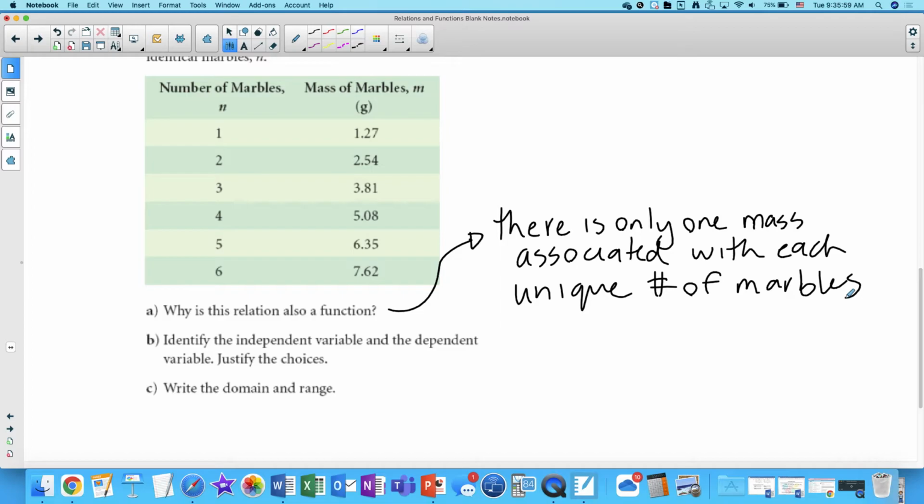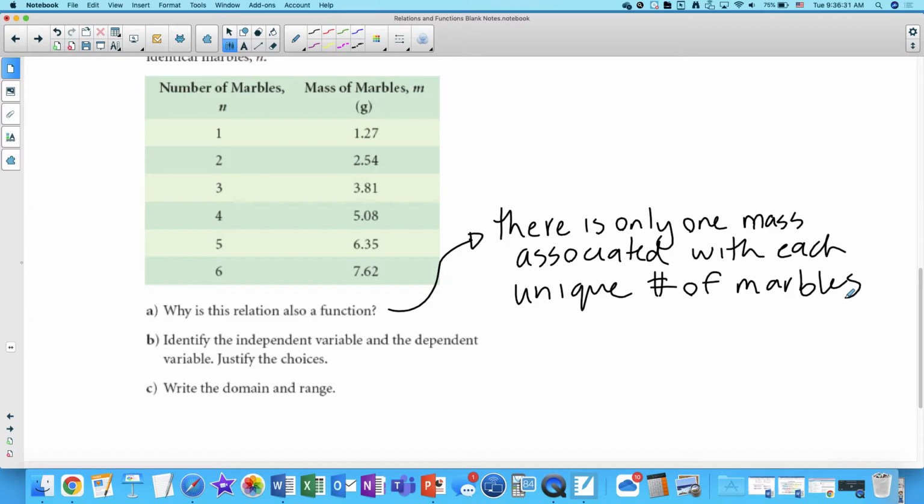If you were doing an experiment, would you set the mass value and then ask how many marbles go with it? Or would you set the number of marbles and then take the measurement of the mass? Whatever you are setting, that's independent. I liked both those answers. I've never expressed it that way before. That's quite nice.